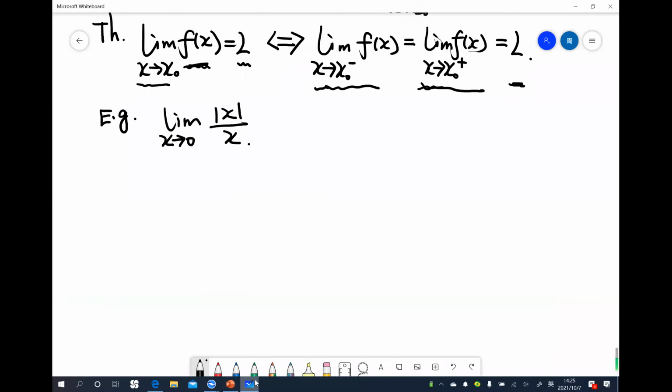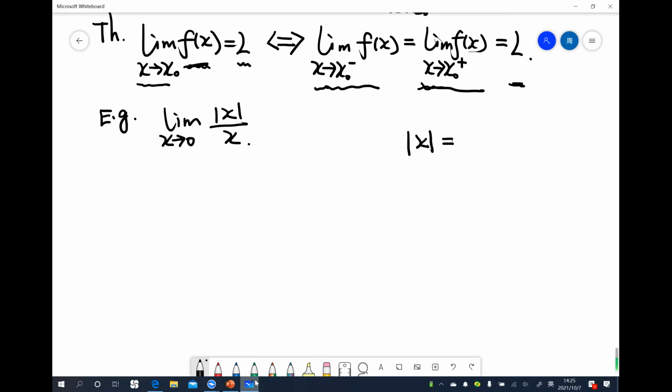So here I have the first question, and we learned this last week. Do you remember the meaning of the absolute value of x? We call it a piecewise defined function, right?